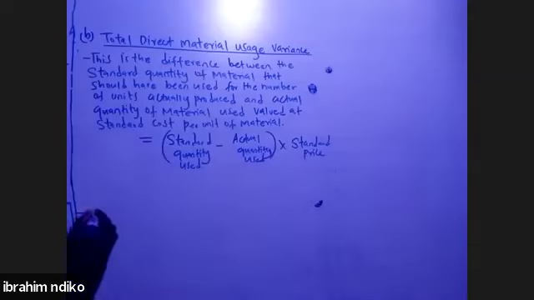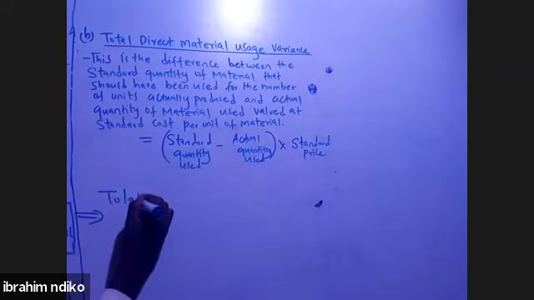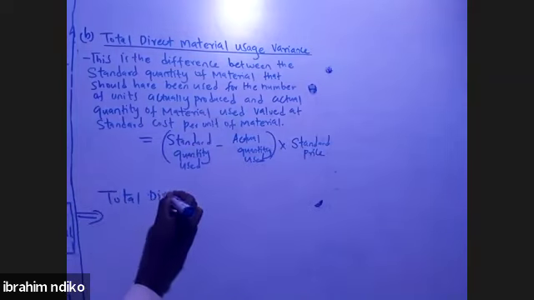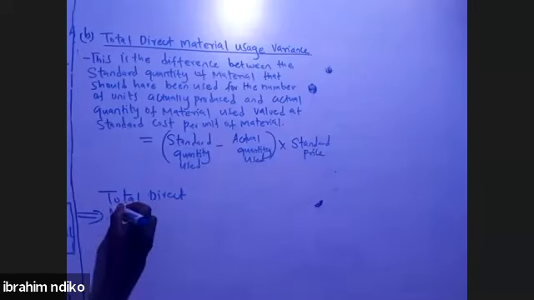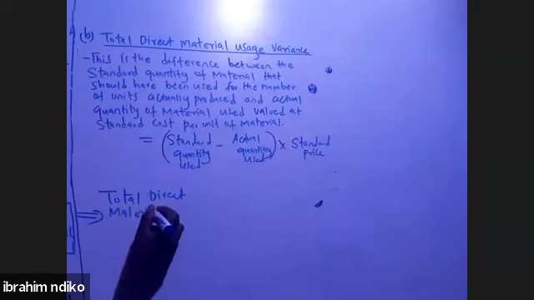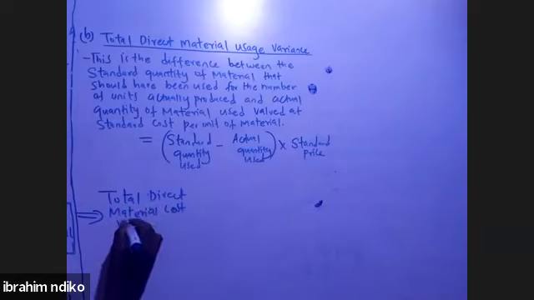So if you come to the formula, standard cost times actual quantity minus actual cost, then another formula for total direct material cost variance will be this one. So total direct material cost variance.